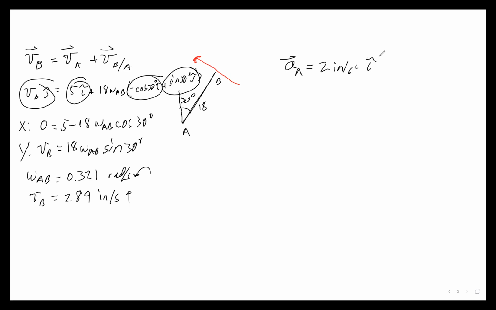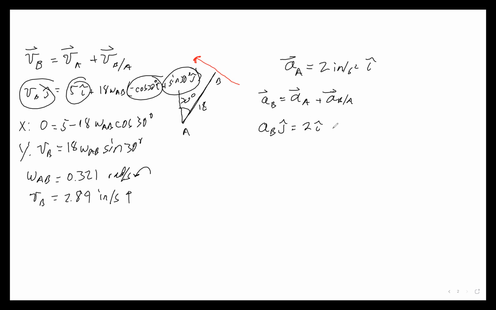All right, so if we do the relative acceleration equation, so the acceleration of B equal to the acceleration of A plus the acceleration of B relative to A. All right, what do we know about the acceleration of B? Well, we know that B's acceleration can only go up. So the acceleration of B's magnitude is in the j hat direction, and the given acceleration of A is 2 inches per second squared in the I hat direction.